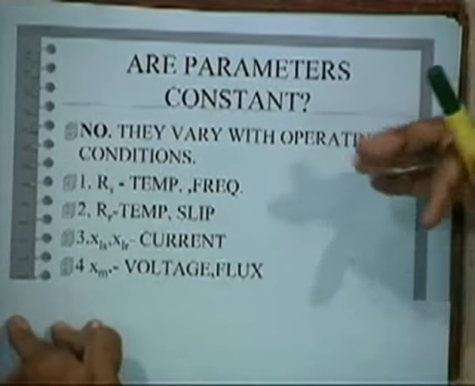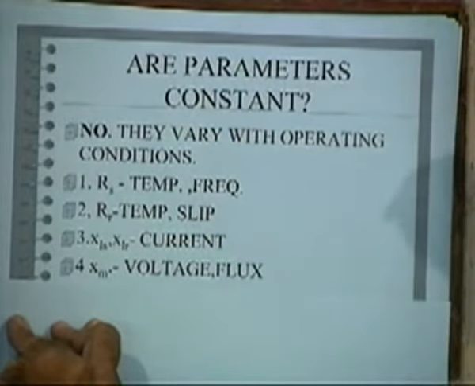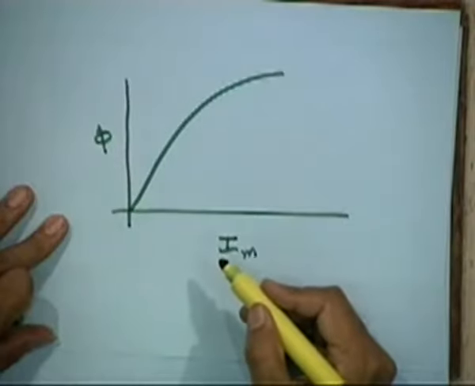Well, let us look at the practical case. Magnetizing reactance depends upon the operating flux, and the operating flux depends upon the magnetizing current. The variation of flux with magnetizing current is not linear. If you take the air gap flux, you will find the flux versus magnetizing current varies non-linearly. This is because the bulk of that flux path will be in iron. If it is purely in air, it is linear.